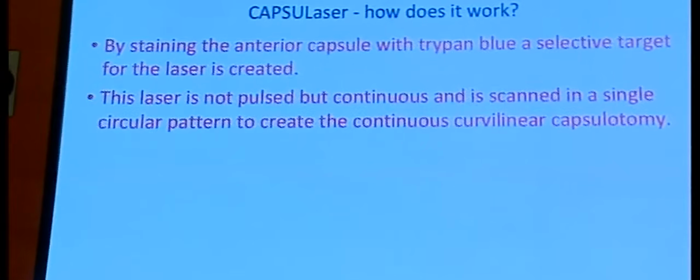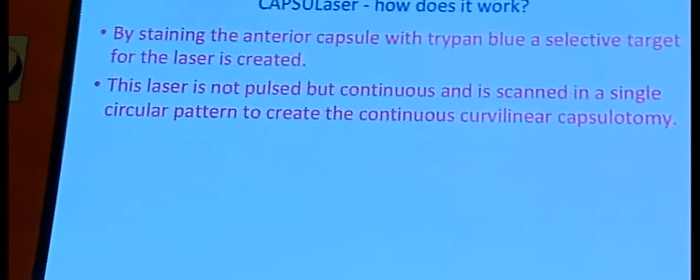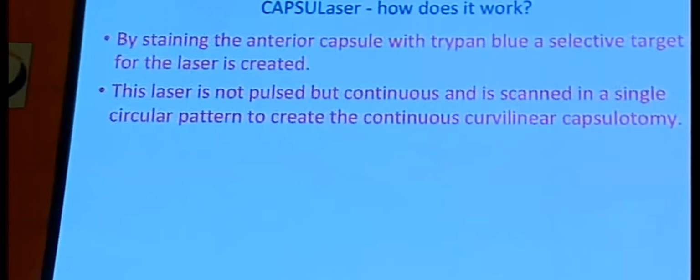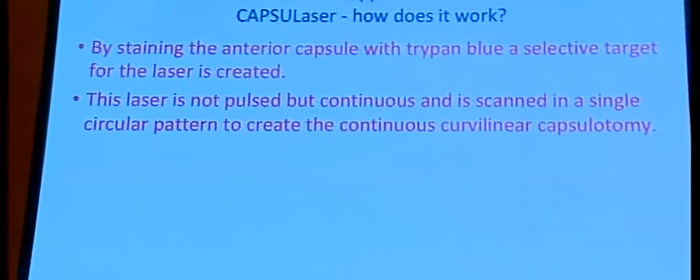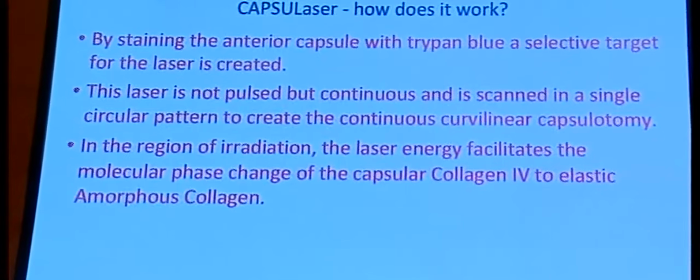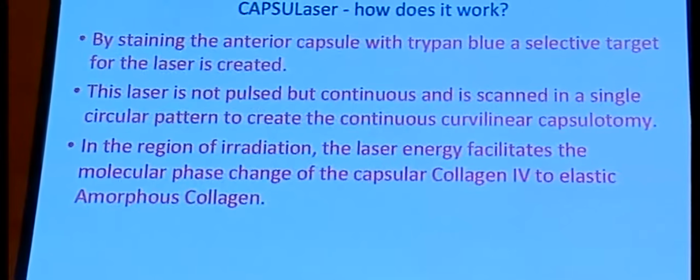This laser is not pulsed but continuous and is scanned in a single circular pattern to create the continuous curvilinear capsulotomy. In the region of the irradiation, the laser energy facilitates the molecular phase change of the capsular collagen 4 to elastic amorphous collagen.